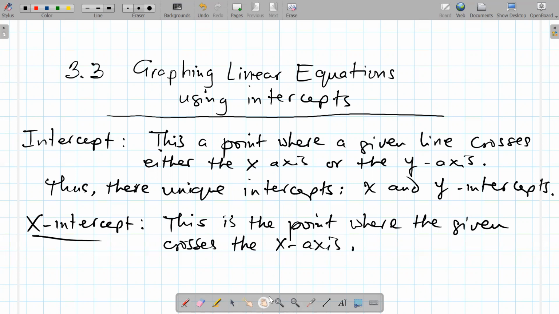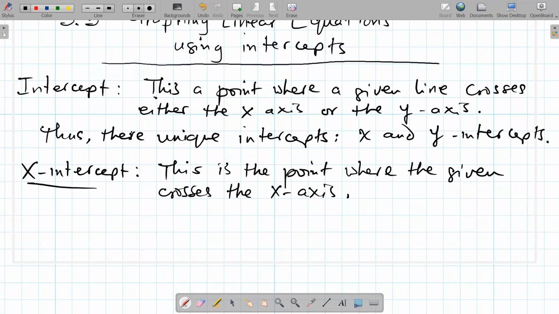Now you realize that here, the line intercepts at a particular x value.